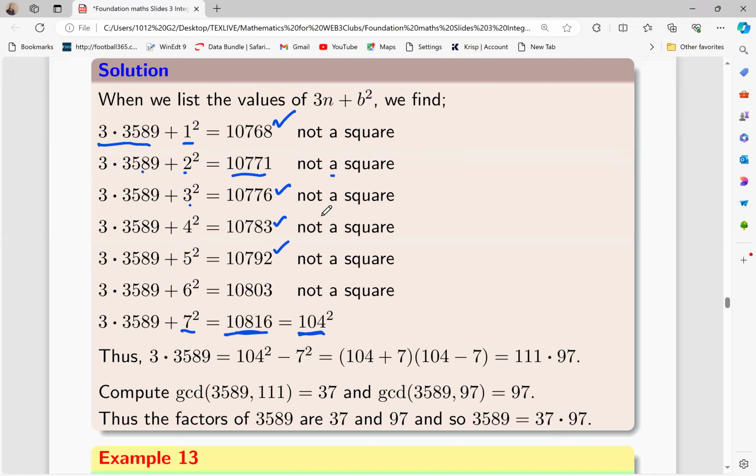But the thing is, supposing I have P, and P is one of the factors of N. Supposing I have P, and I subtract 1 from it, for instance. And then multiply this result.